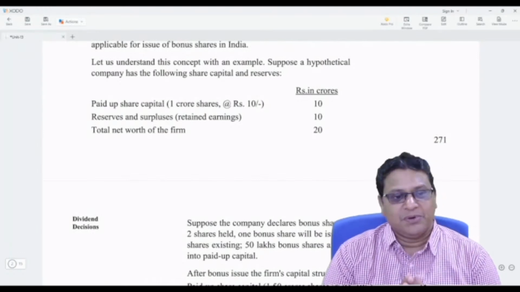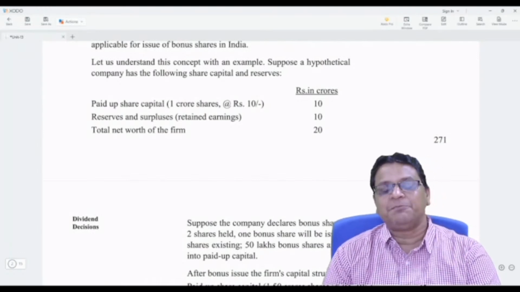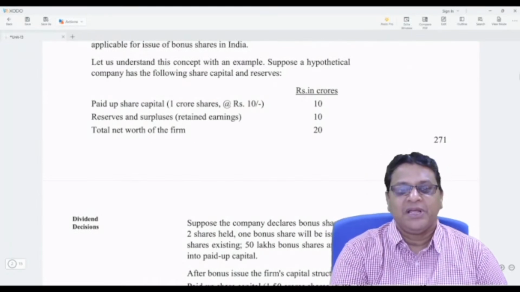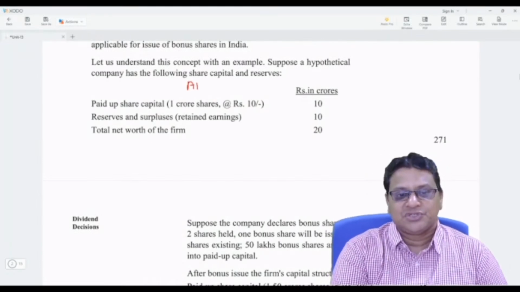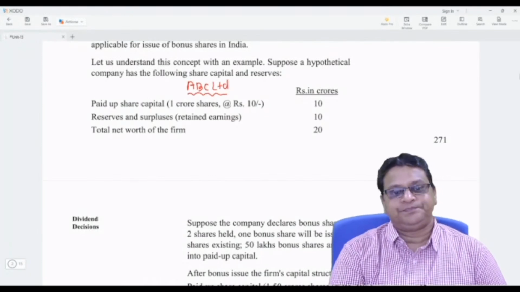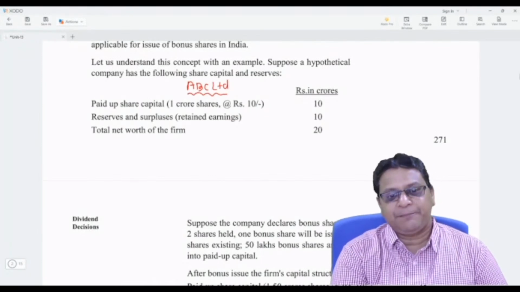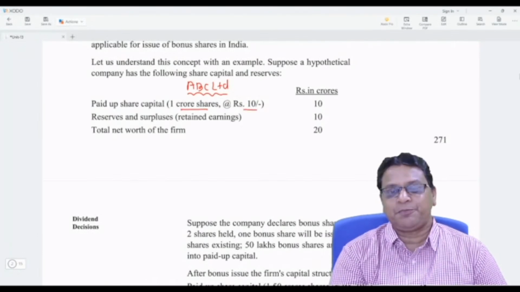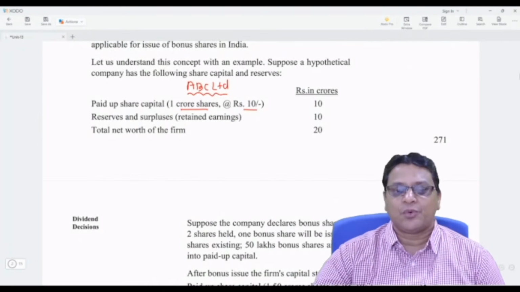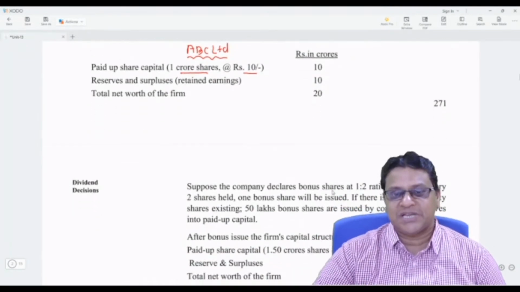Suppose there is a company, ABC Limited. Its paid up share capital was 1 crore shares of 10 each. So the total paid up share capital was 10 crores.